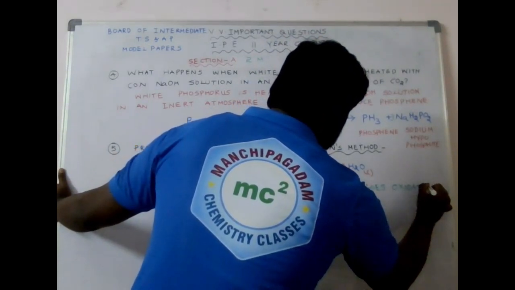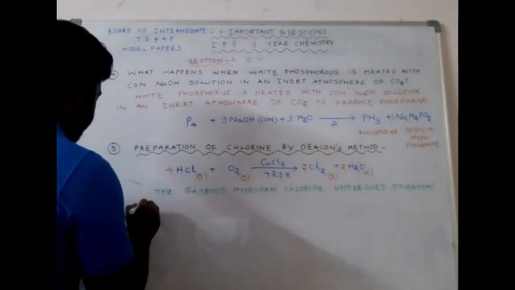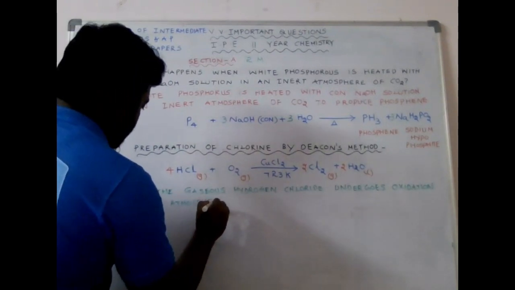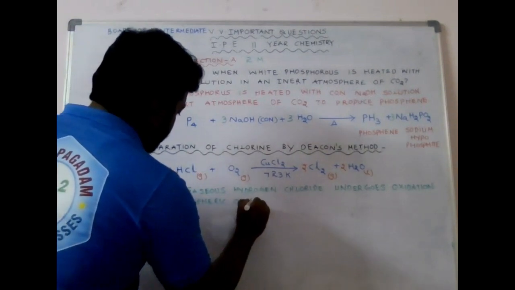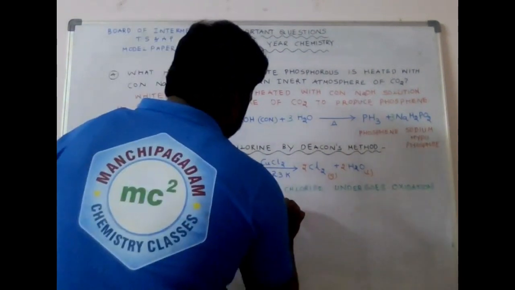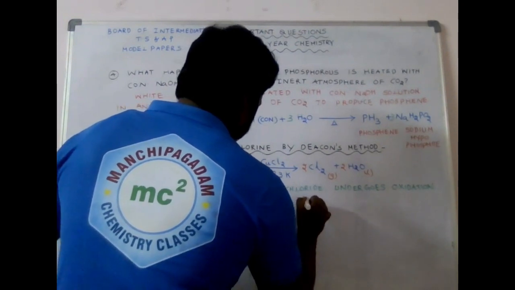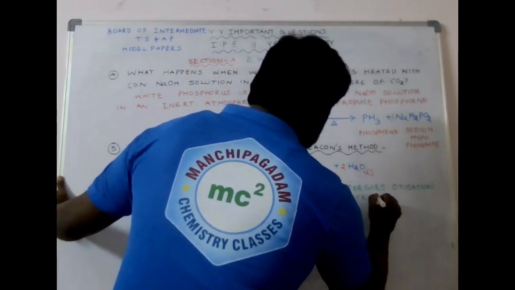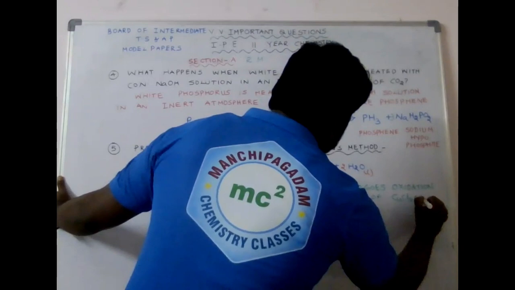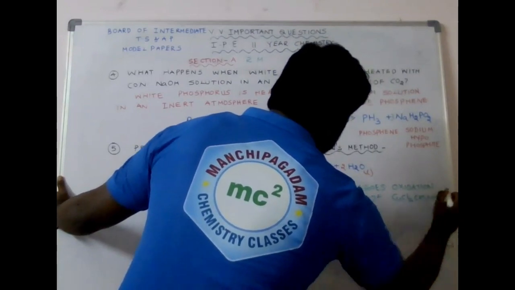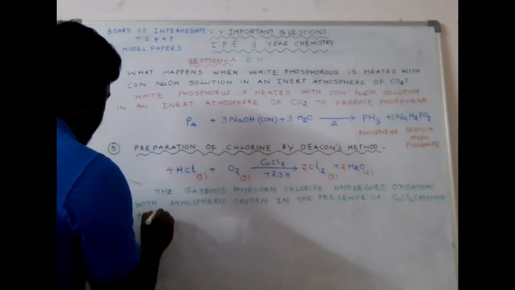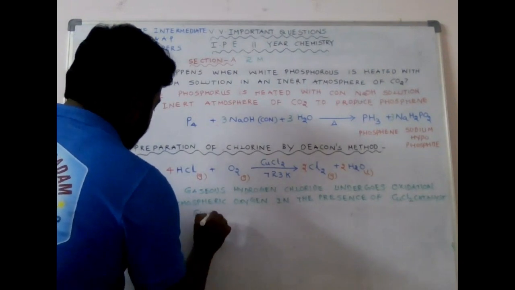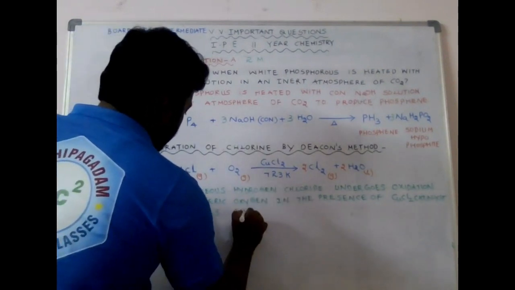So undergoes oxidation with atmospheric oxygen, means oxygen which is present in the atmosphere, in the presence of CuCl2 catalyst, and temperature also you have to mention, at 723 Kelvin gives chlorine.